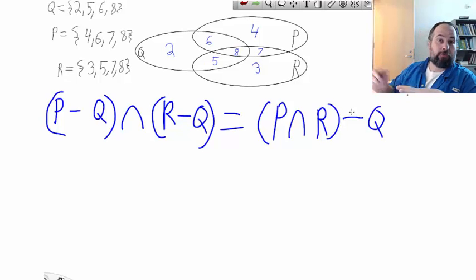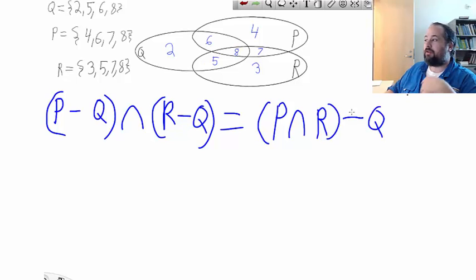And then we could algebraically prove this, but we're not going to algebraically prove this. We're also not going to prove it with the Venn diagram, which we easily could. So if you look up in the Venn diagram, P not Q is going to be 4 and 7. R not Q is going to be 7, 3.